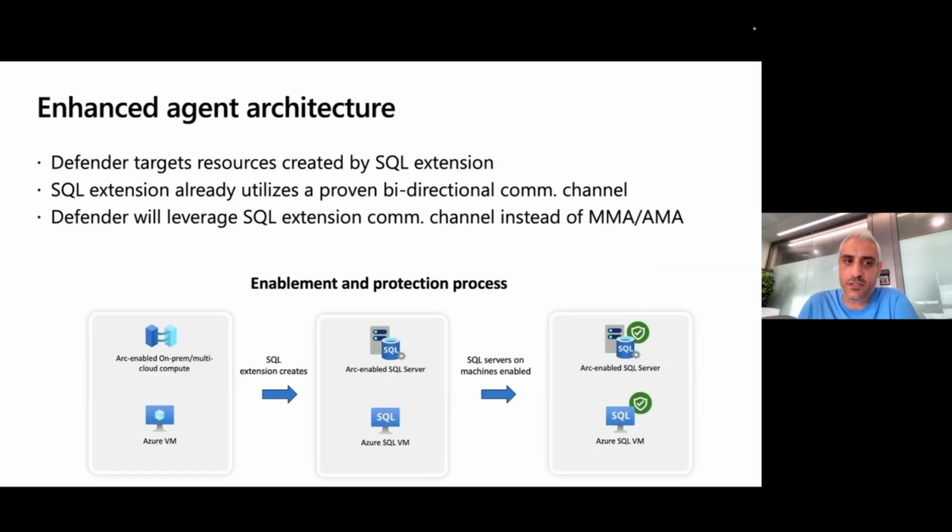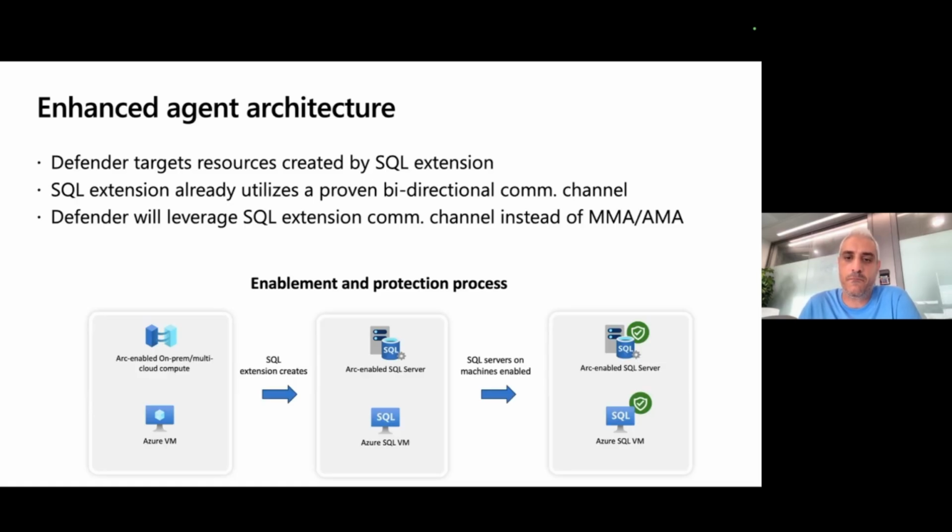So let me give you an example. I have an on-premises machine, and I install Azure Arc in order to connect it and manage it in the cloud. Once I have installed the Azure Arc agent, the SQL extension comes automatically as part of the installation. The SQL extension creates a new Azure resource called Arc-enabled SQL Server, which is used to manage the instance from the cloud.